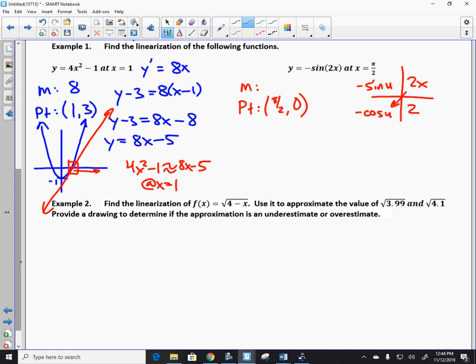So therefore, the derivative is negative 2 cosine of 2x. What do I do now? Plug in pi over 2. So 2 times pi over 2 is pi. What's the cosine of pi? Negative 1. Negative 1 times negative 2. 2.